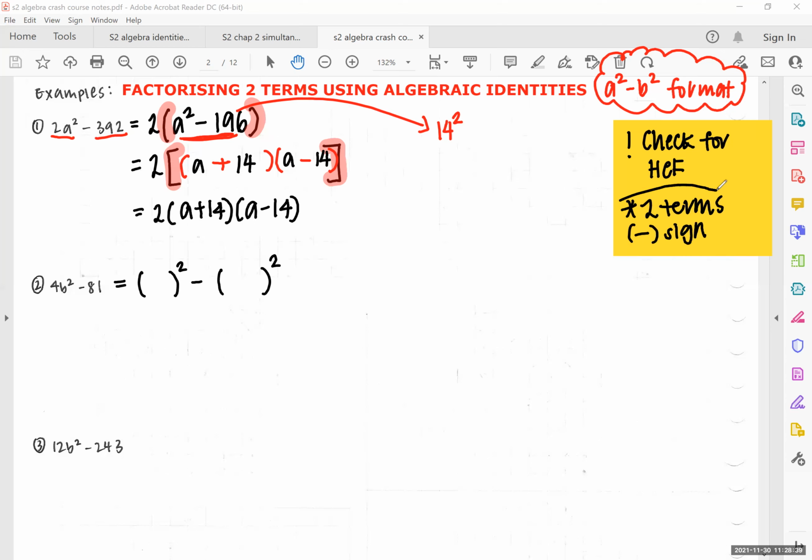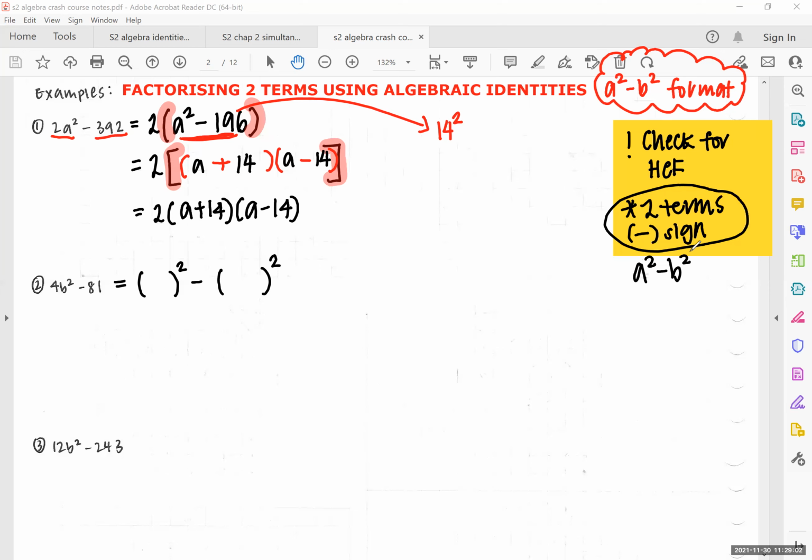Because when it's 2 terms with a negative sign, high chance it is going to be a square minus b square. Very, very high chance. I would say maybe 70 to 80% of the time it is a square minus b square. So in your whole set 2 life, we'll be seeing a square minus b square a few times. Got it?